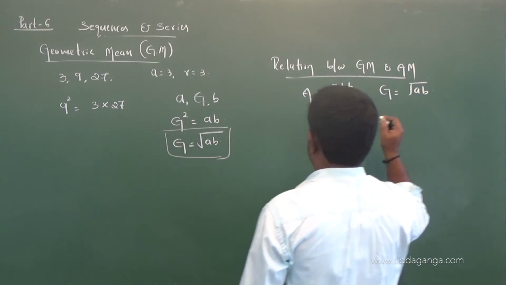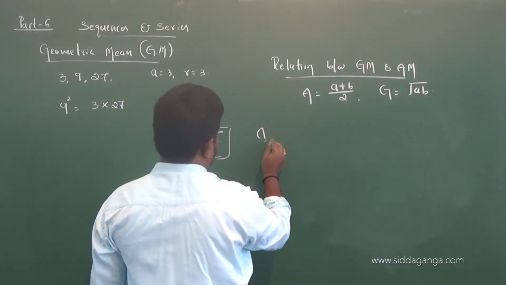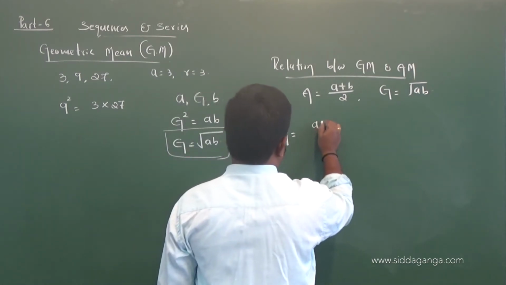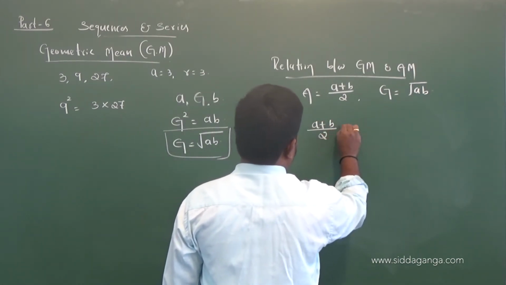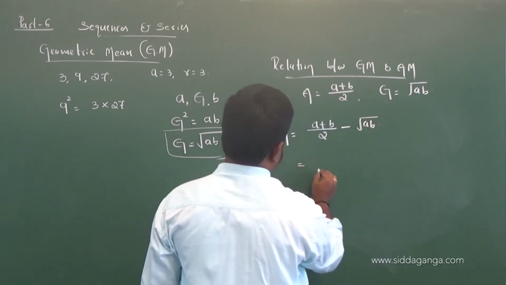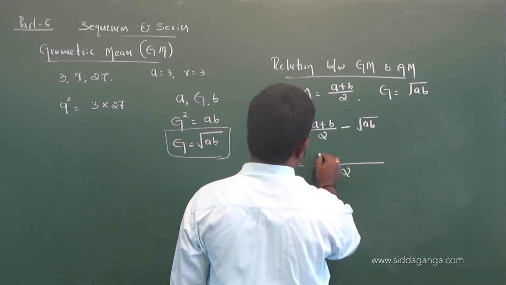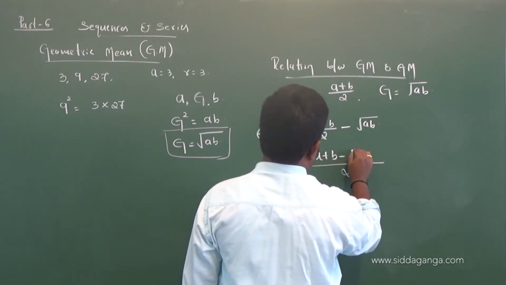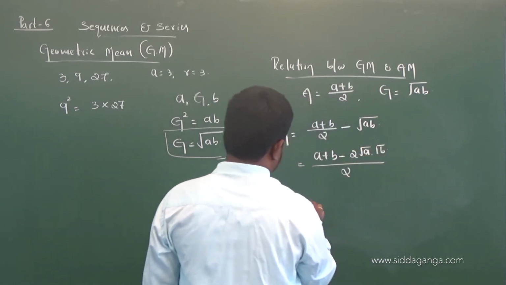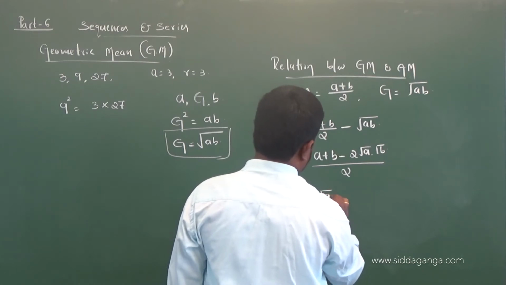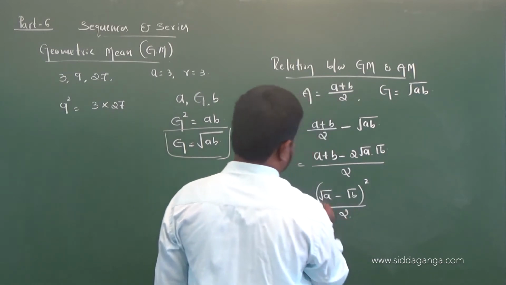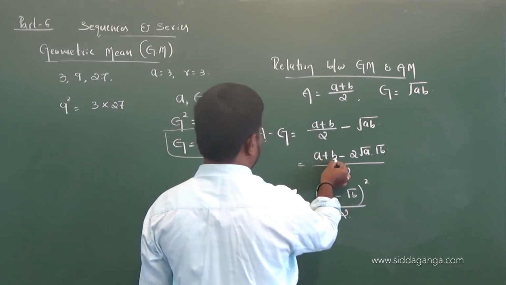Now I am going to find A minus G. What do you get? A plus B by 2 minus root of AB. Taking LCM, A plus B minus 2 times root AB, where root AB I write as root A into root B, all by 2. Now the numerator can be written as root A minus root B whole square, right, by 2. This is root A whole square plus root B whole square minus 2 into root A into root B.